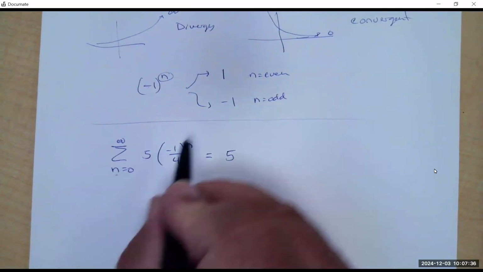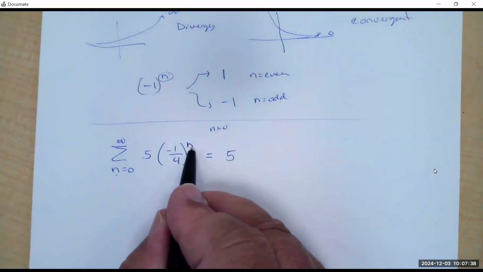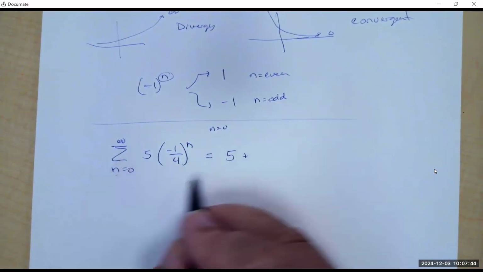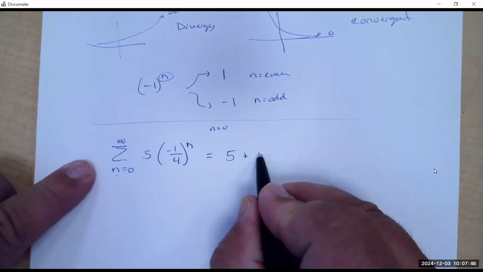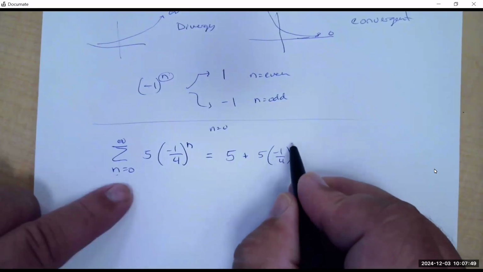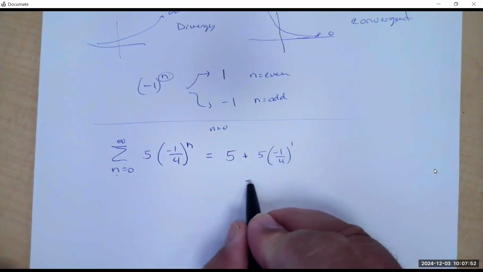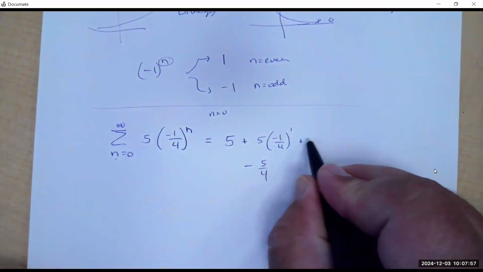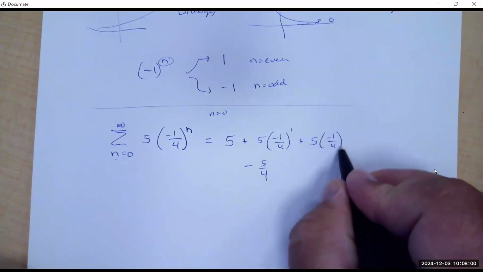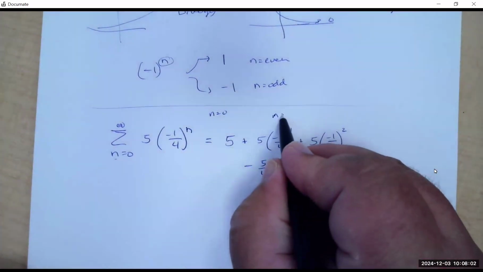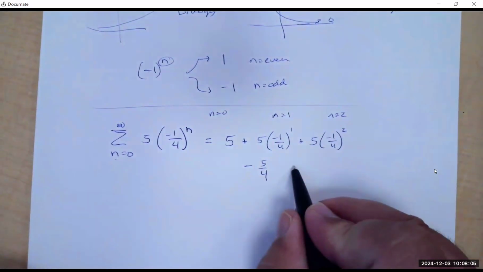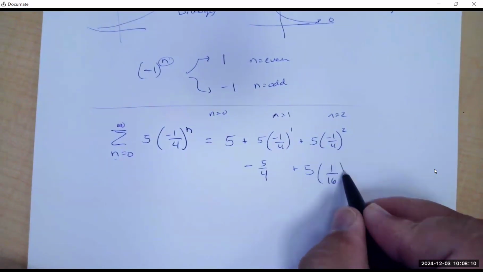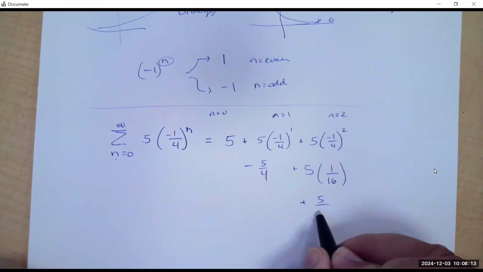Let's look at the first term. If n is 0, this becomes 1, so it's 5. It's a summation, so we add. Now we have 5 times negative 1/4 to the power 1, which makes this negative 5/4. Then we have negative 1/4 squared when n equals 2. That equals 5 times positive 1/16, which makes it 5/16.